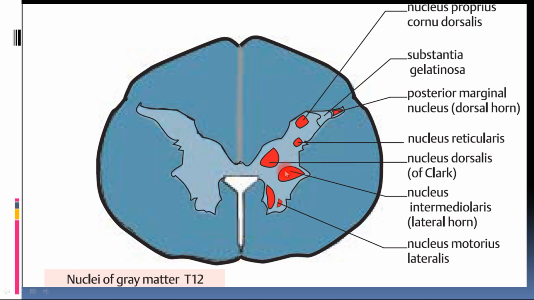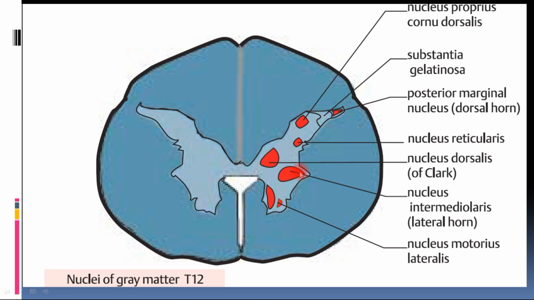Now coming to the lateral horn of the spinal grey matter. As we have discussed in the previous video lectures about the autonomic nervous system, the lateral horn of the grey matter of the spinal cord is responsible for the neurons supplying the autonomic neurons arising from the spinal cord.